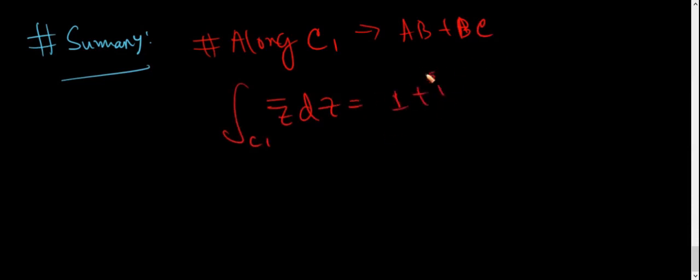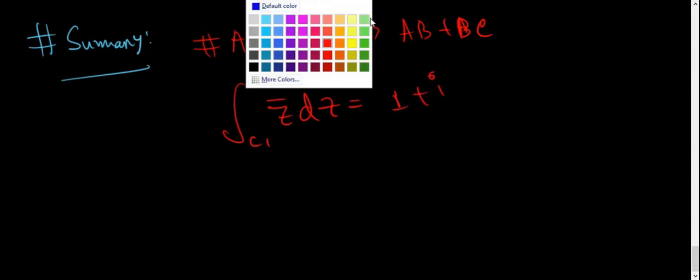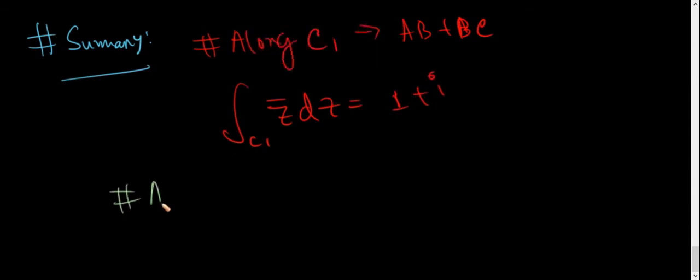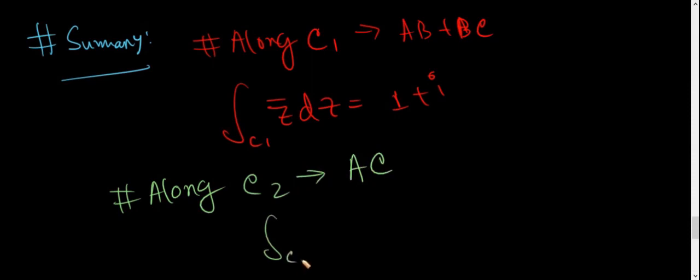That was the result we got. And along the green line, that is denoted by C2, that directly went from A to C, you evaluated the same integral, but now the result is 1.